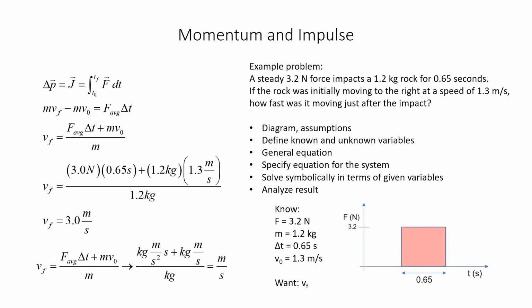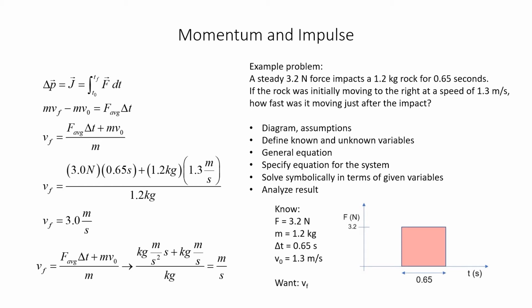Let's start by looking at the units to make sure they make sense. Force is kilogram meters per second squared times delta t. Adding on the mv0, that's kilograms times meters per second, dividing through by kilograms, we see that our final velocity has units of meters per second. That's good.